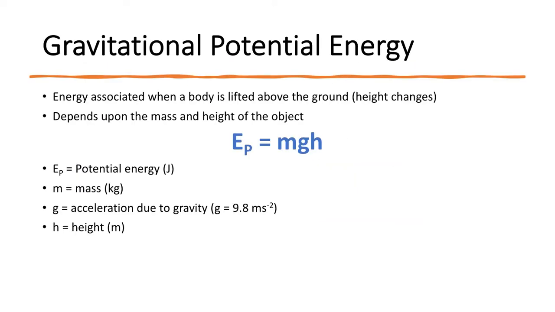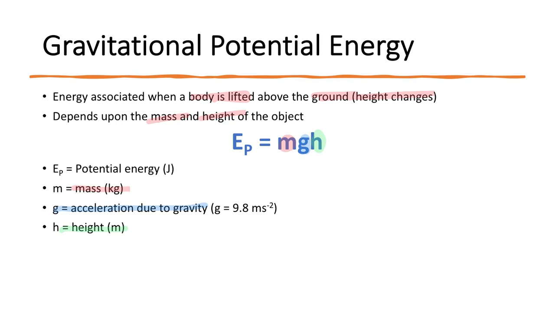The other type of energy is gravitational potential energy, which is the energy associated with a body being lifted above the ground so that the height changes. It depends on the mass and the height of the object, as well as the planet you're on, but we're all on Earth, so that doesn't make a difference. M is for mass, G is for gravitational acceleration, and H is for the height above the ground.